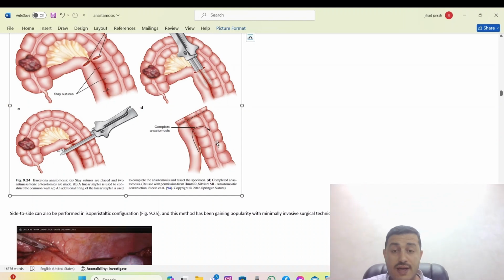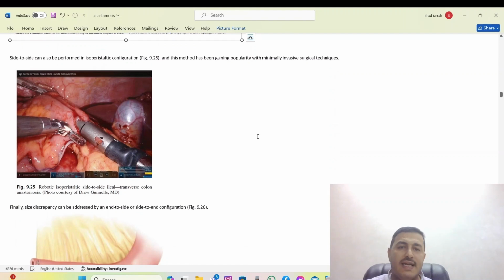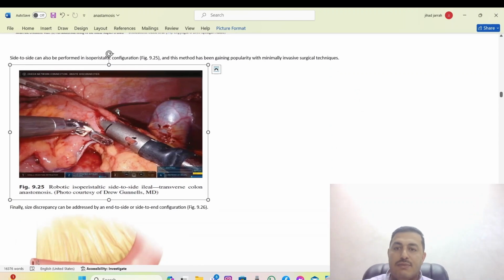Which type, iso or antiperistaltic? This is antiperistaltic. There is a change in the direction. Robotically and in minimally invasive surgery, also isoperistaltic. I don't know how to explain this for you, but this is a robotic isoperistaltic side to side.